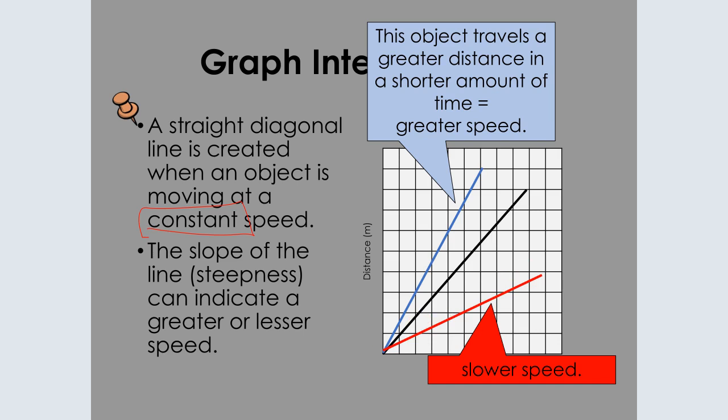Just by looking at it, the object is traveling a greater distance in a shorter amount of time. So the slope, how steep it is, shows that this blue line is faster than the red line. Just by looking at the slope, we can tell.